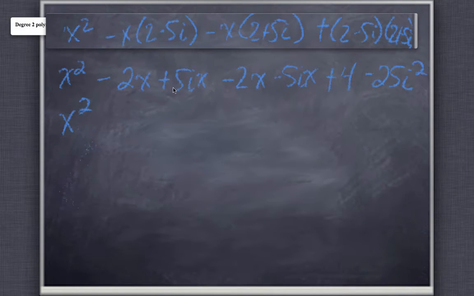x squared, these two cancel. I've got minus 4x plus 4 minus 25i squared. i, remember, was the square root of negative 1, so i squared is negative 1.